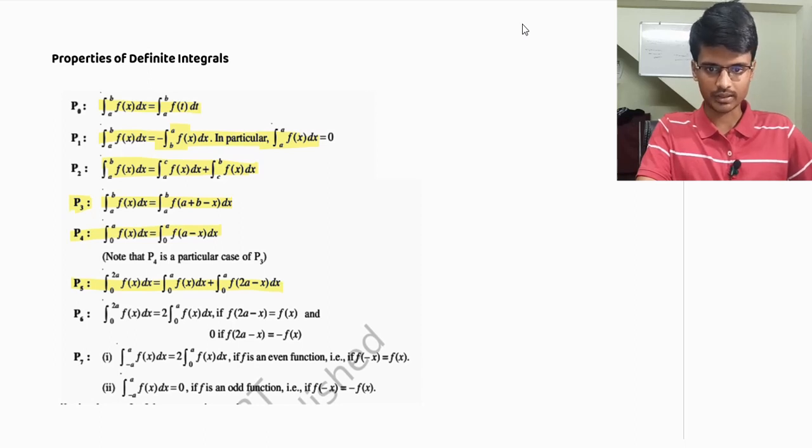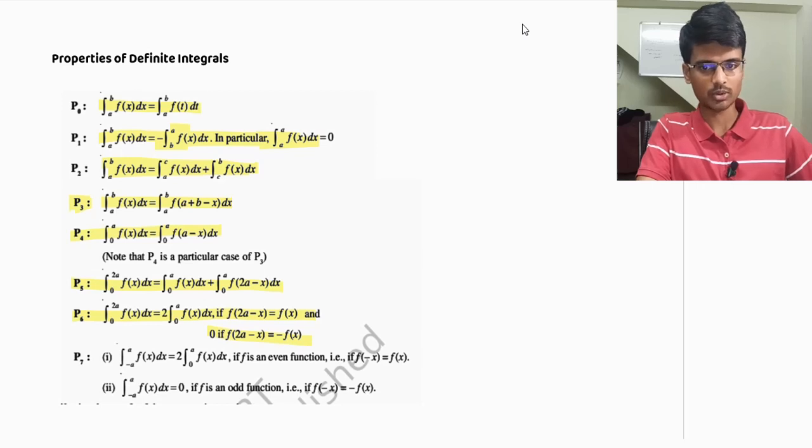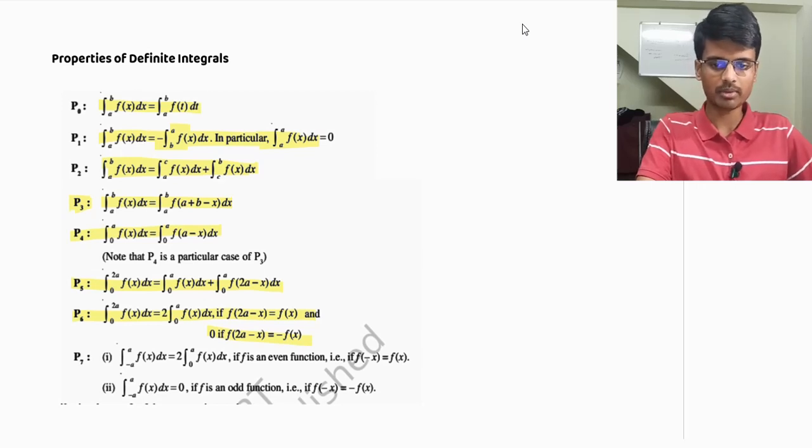The sixth property is a result of the fifth property. If f of 2a minus x is equal to f of x, then we can write the result as 2 times 0 to a f of x dx. And if f of 2a minus x is equal to minus f of x, then the definite integral becomes 0 directly.